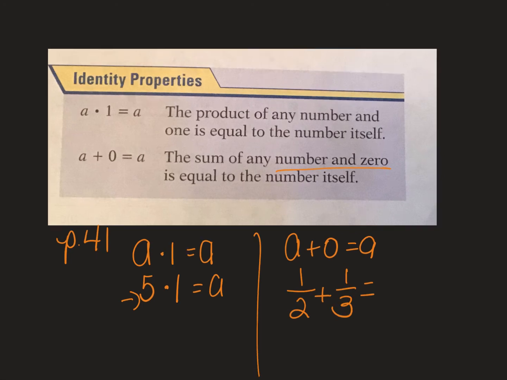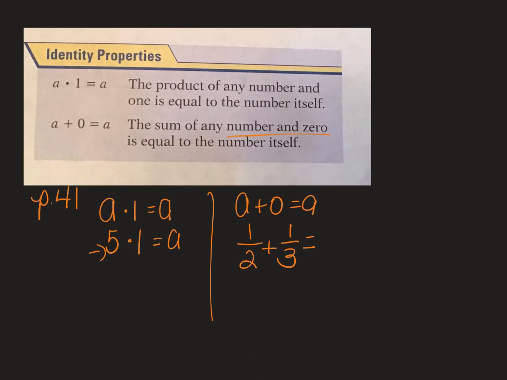You're going to take 1/2 and multiply it by 3/3, because that actually equals 1. 3/3 equals 1, but it's also going to give you the common denominator.